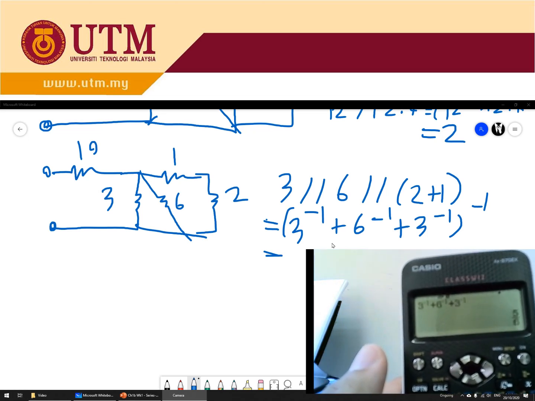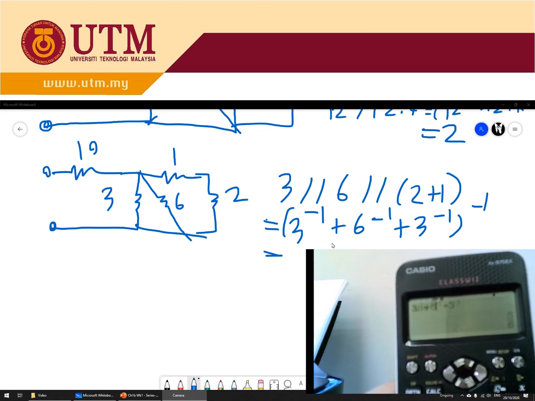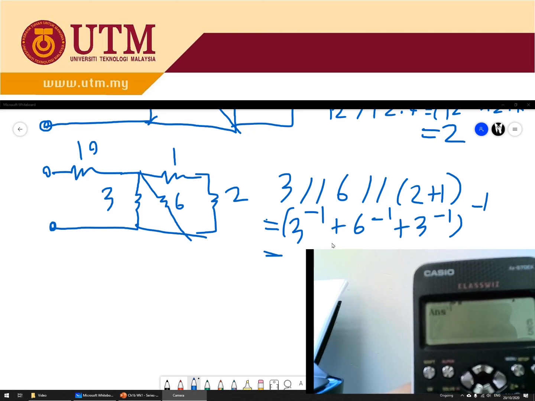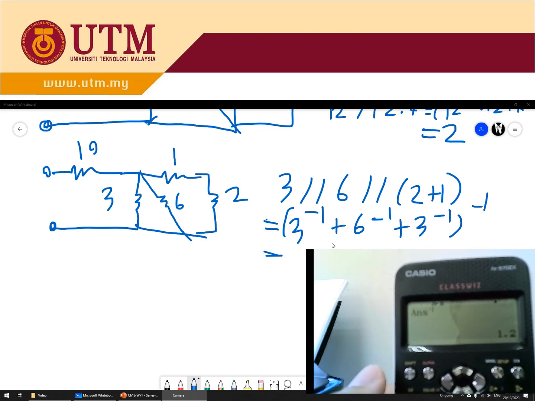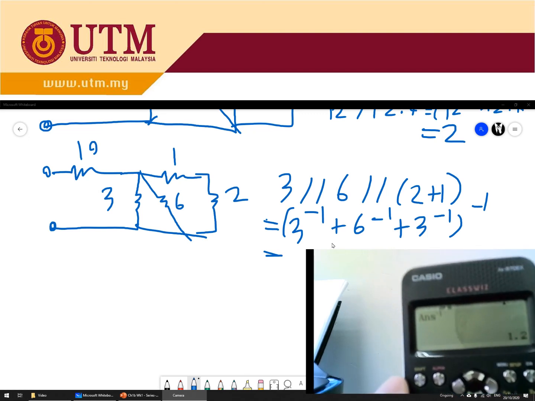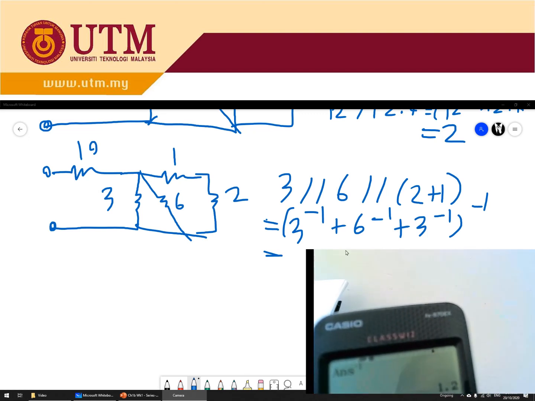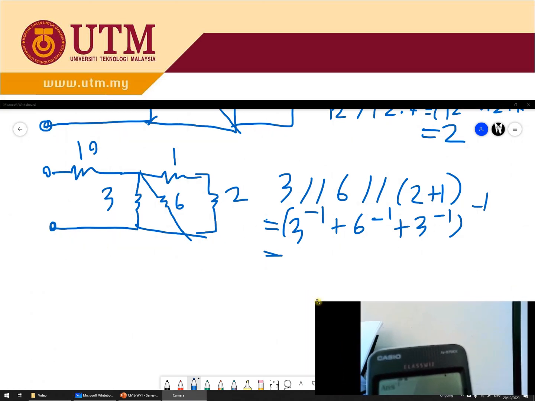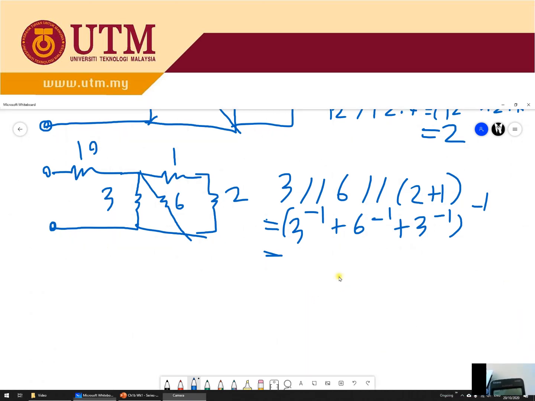So equals to, then don't forget to inverse the answer. 6/5, then convert it to decimal place. So 1.2. So the answer is 1.2 ohm.